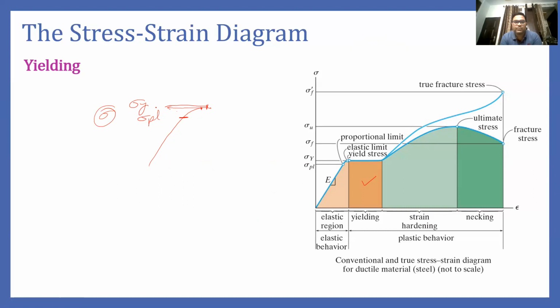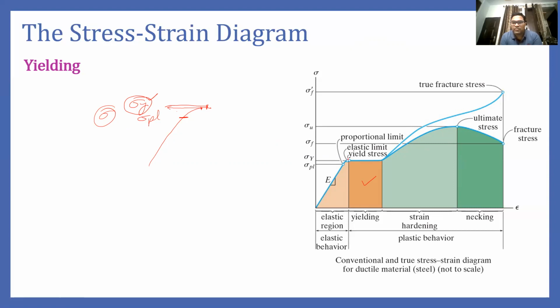If we apply load up to sigma, the material can regain its shape without any permanent deformation. But if we increase the stress to sigma Y, at this stress the material will start breaking down. This is the first stress responsible for breaking down the material, and after this stress the material will deform permanently.